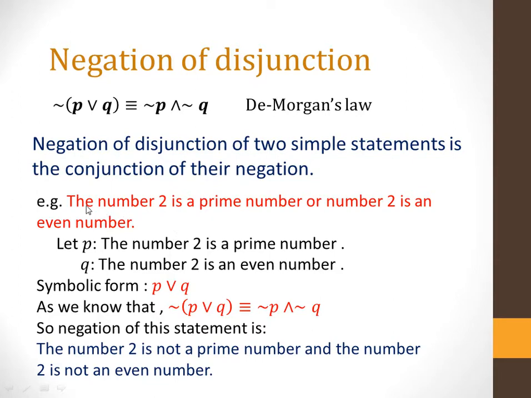So we get the negation of the given statement like this. For that we have to remember De Morgan's law. So there are two De Morgan's laws: one is the negation of conjunction and the other is negation of disjunction.